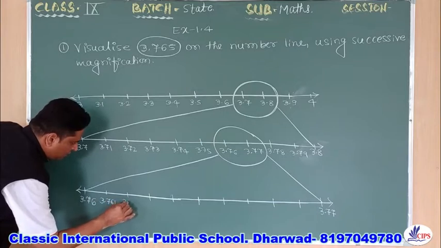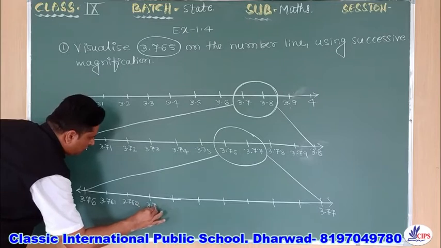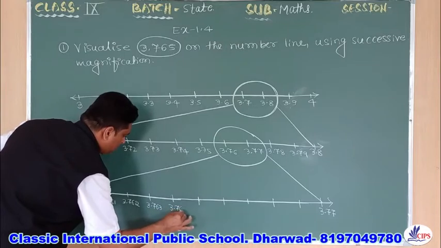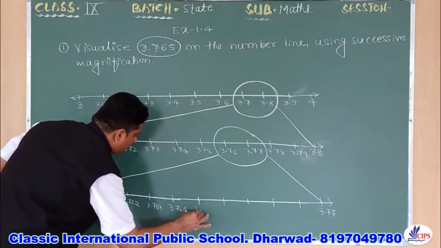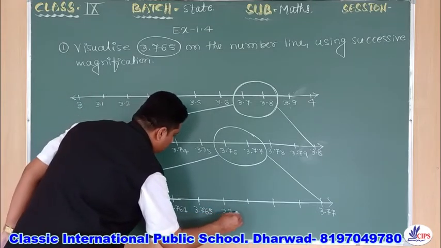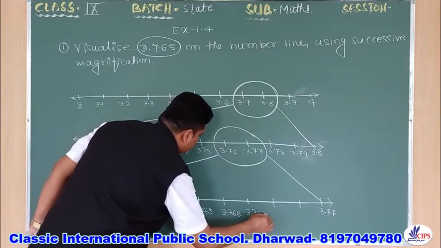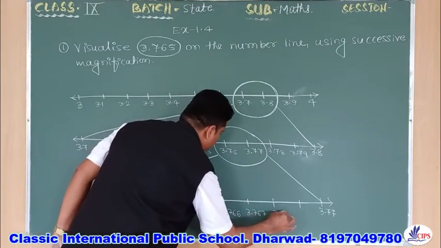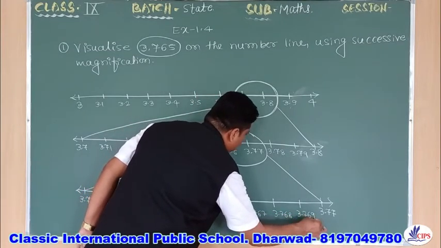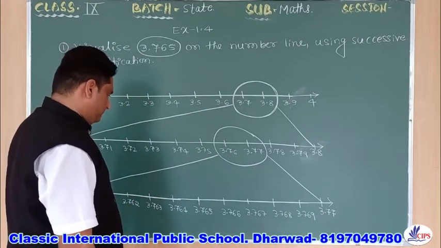3.761, 3.762, 3.763, 3.764, 3.765, 3.766, 3.767, 3.768, 3.769. Okay, 3.77.